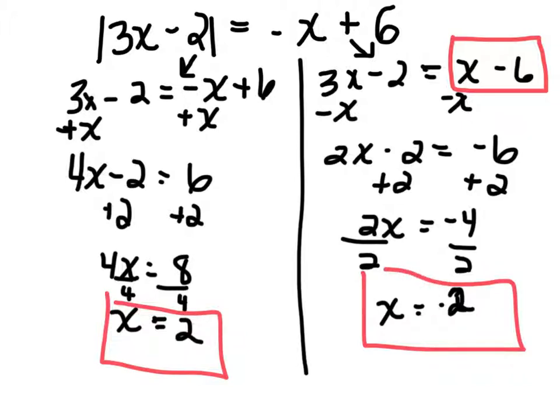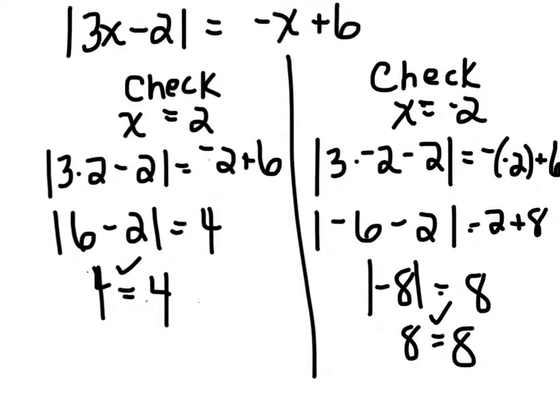Now to check to see if either of these are considered extraneous solutions. Extraneous solutions, remember, are solutions that appear to be solutions but are really just extra and not actually solutions to the equation. So I plugged in x equals 2 to see if it was in fact a solution.